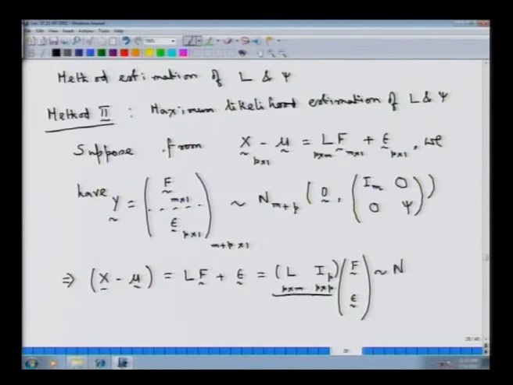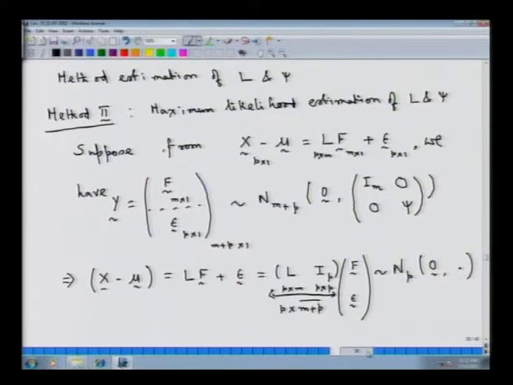So, the order of this matrix, which is L augmented with I_p, is p rows and m plus p columns, and hence x minus mu will follow a multivariate normal distribution N_p with a mean vector given by this multiplied by the expectation vector of f and epsilon. What is that? That is a null vector. So, this is a null vector, and a covariance matrix which we are going to calculate.